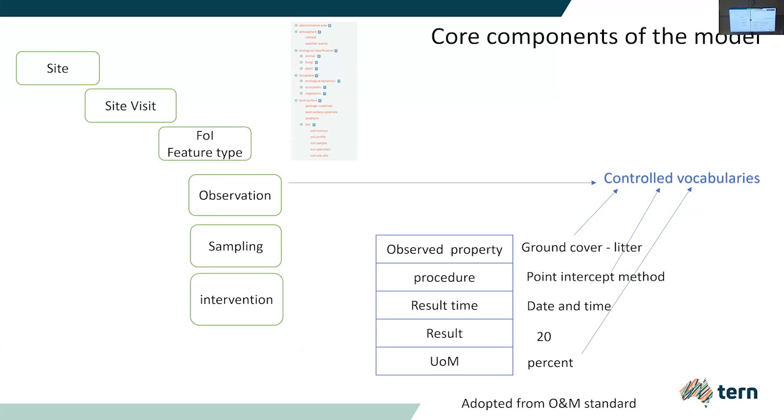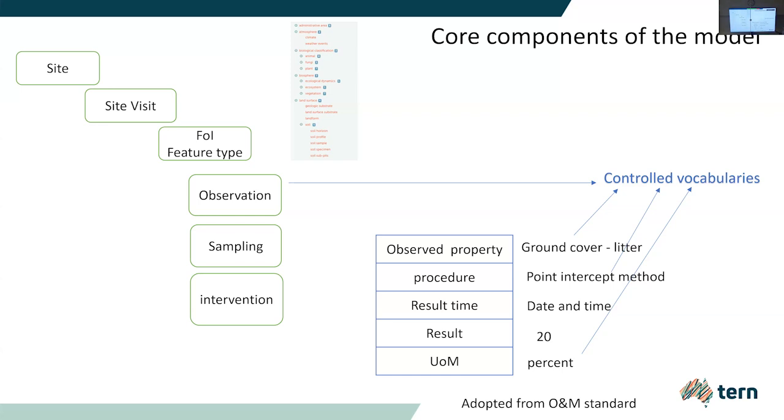Okay. So just to provide a bit of context again, these are the major components in a site visit, and then in each site visit, for the feature, you do the observation, or there is a sampling and intervention. For every observation, there is an observable property, there is a procedure, and then there is a result time.